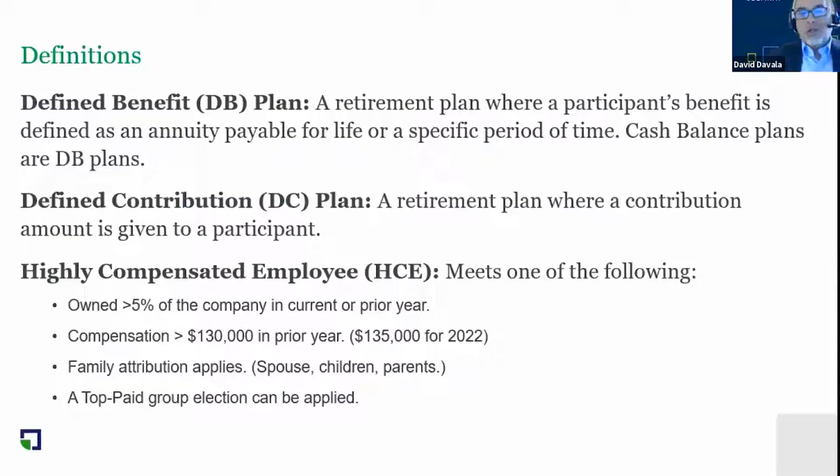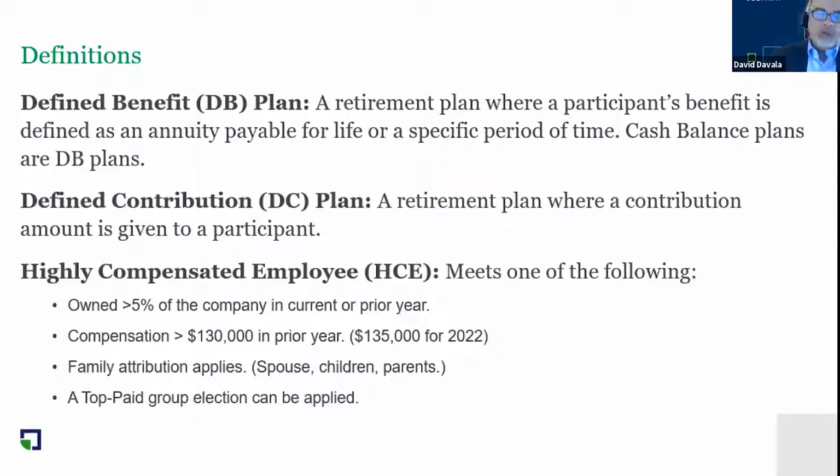And in the HCE classification, there's an optional top paid group election that can be used. Now, this is for an employer if they have many employees earning more than the threshold, like the $130,000, for example.